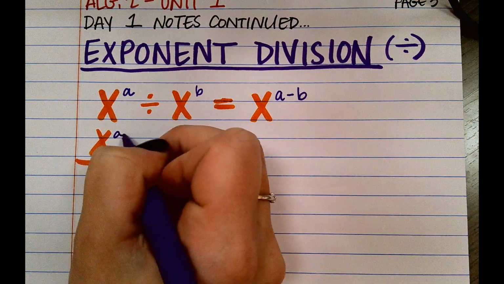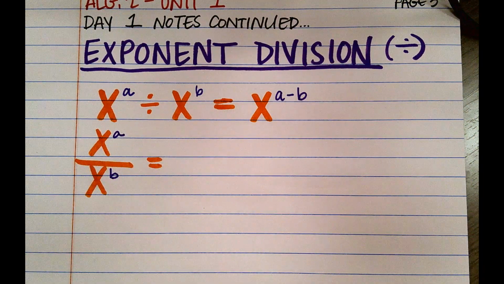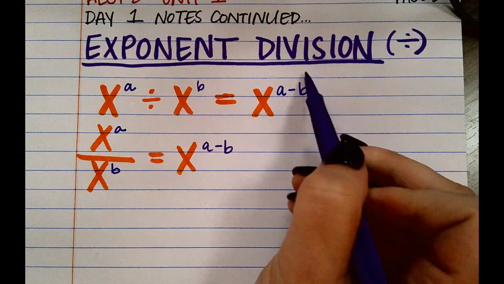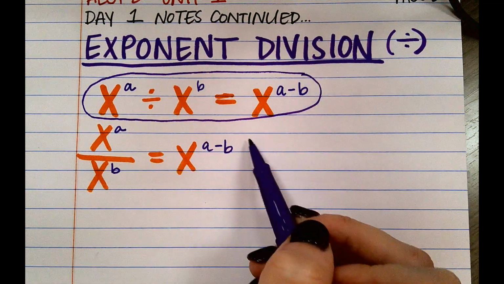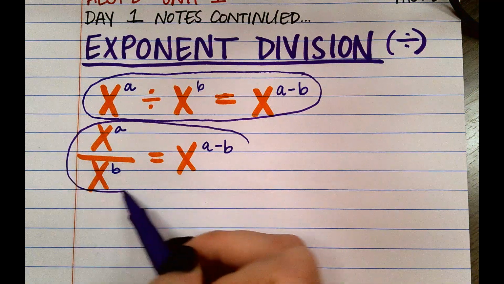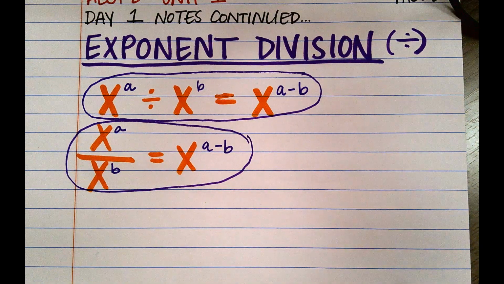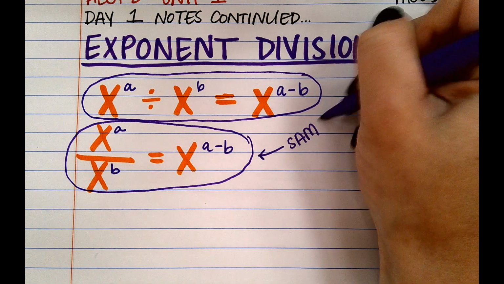The A will be on top, the B will be on bottom. A minus B. Okay? This is the same thing, just written differently. So I'm going to circle these so we can see that they're separate. Okay. So these are the same, just written differently.